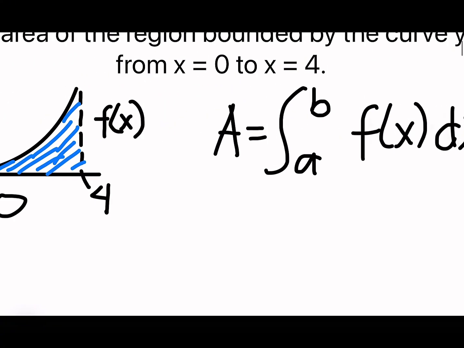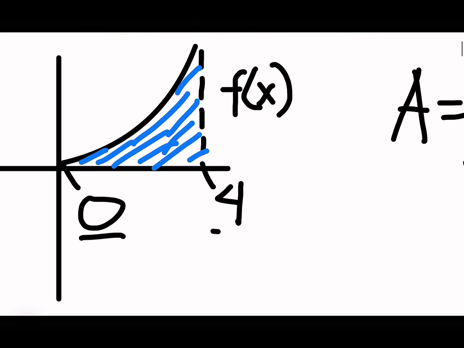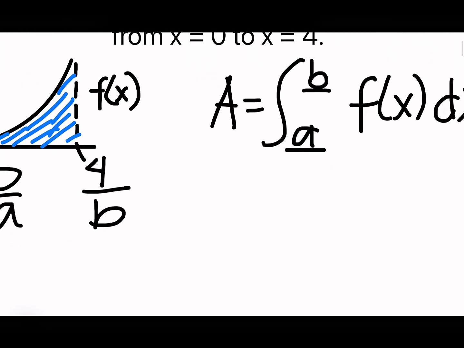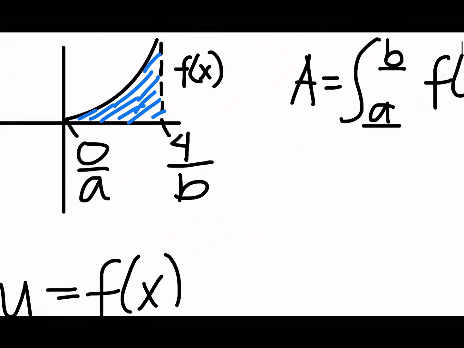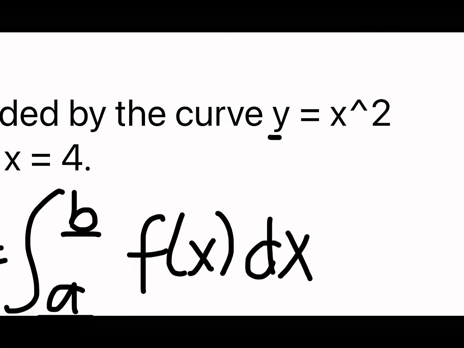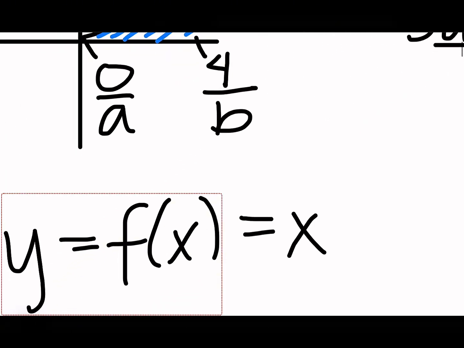So we need to substitute the limits of integration to this. This is the a and this is the b. And remember that y equals f of x, and based on the problem, y equals x squared. So f of x equals x squared.